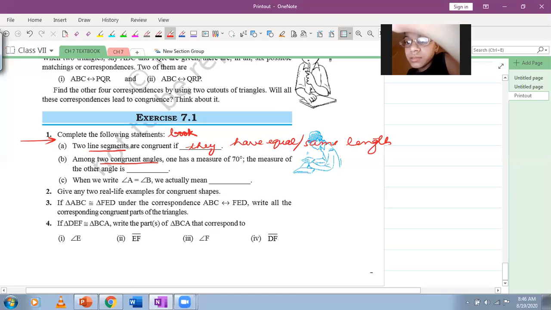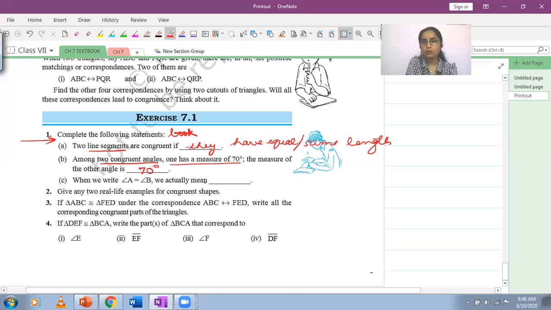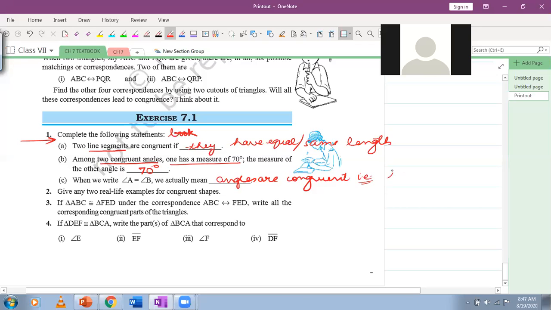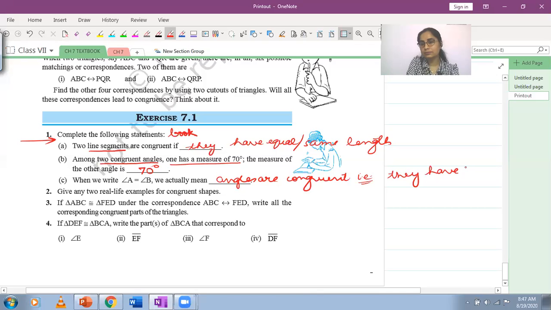We have two congruent angles. One has a measure of 70 degrees. The measure of the other angle is 70 degrees. When we write angle A equals angle B, we actually mean that the angles are congruent. Congruence means same shape and size, and for angles, same measure.